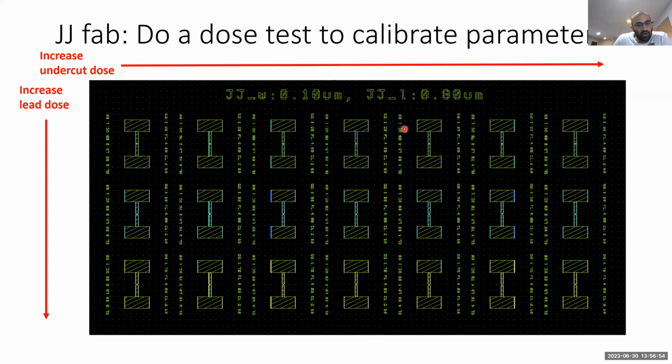Somewhere in the middle, you'll have a range of devices with stable resistances, and those are the doses you should go with. If there are run-to-run inconsistencies in the thickness of resist that you spin, then this might be a dose array that you'll have to do more often than not.